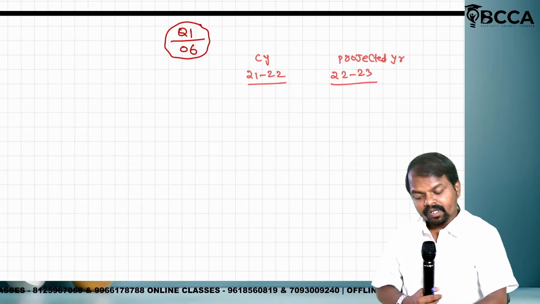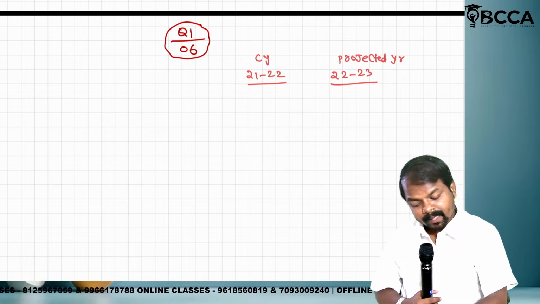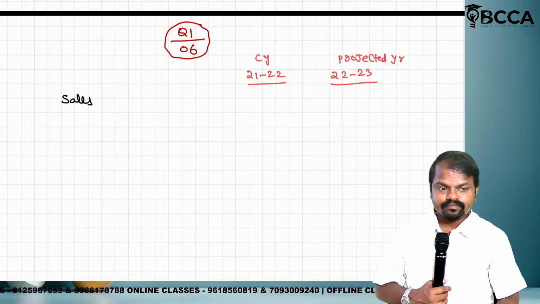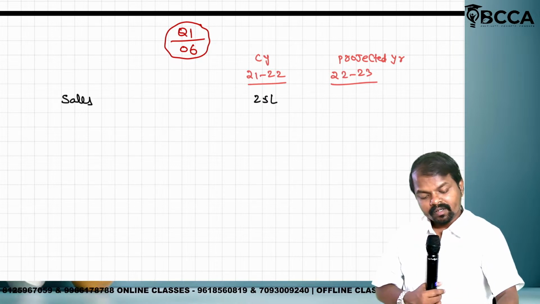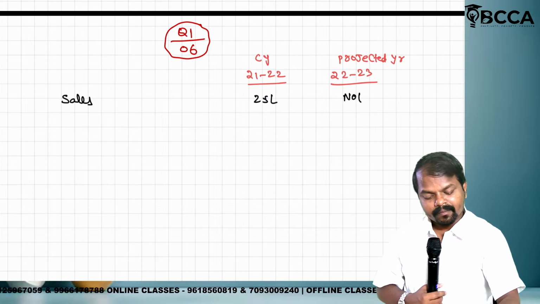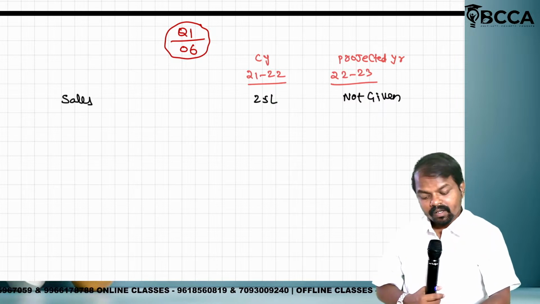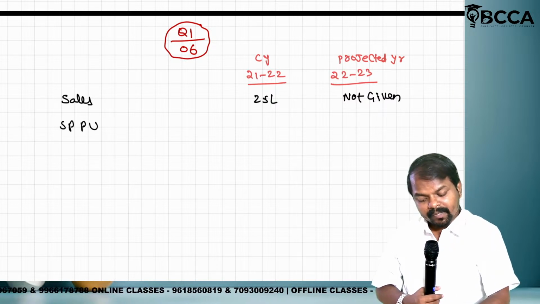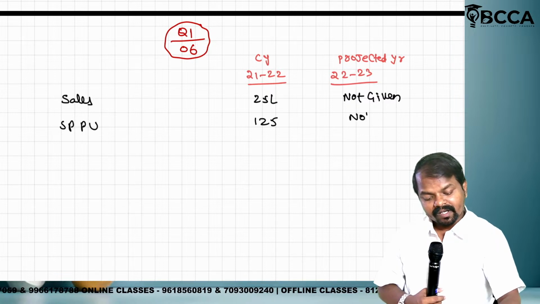Before moving into the discussion, listen. How much sales is given for 21-22? We don't know, meaning not given. Correct? Selling price per unit, how much? 120, not given.